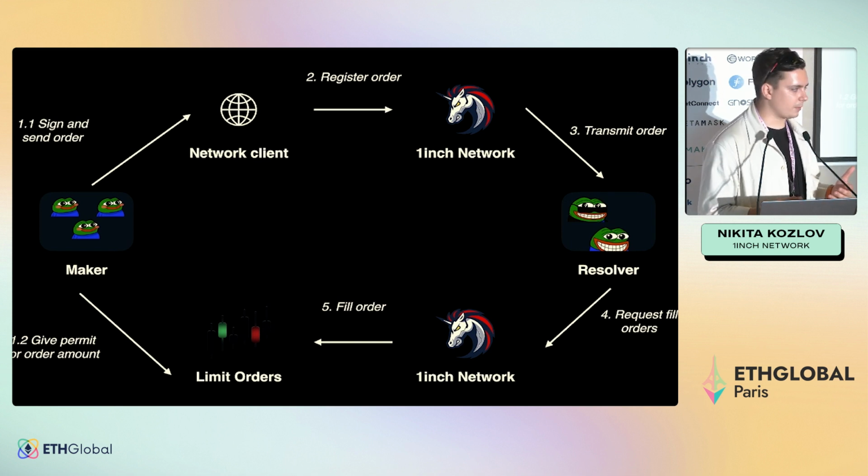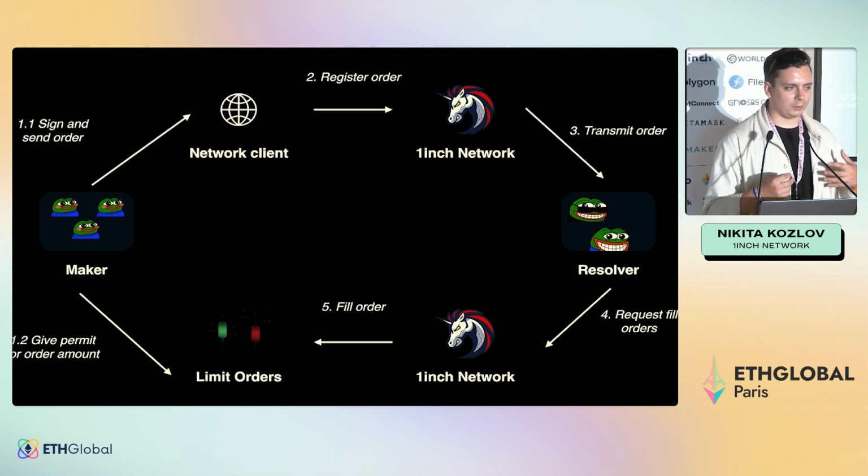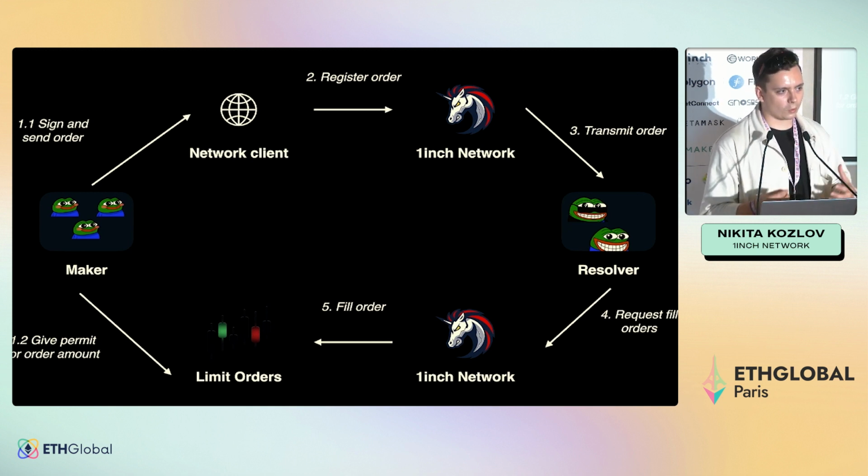The main point is that users will delegate to the entities that have the maximum APY, and if the APY changes, they will redelegate to another entity. That's why it's kind of not obligated. They are not forced to send rewards, but they need to compete with each other for that. So that's how it works right now.